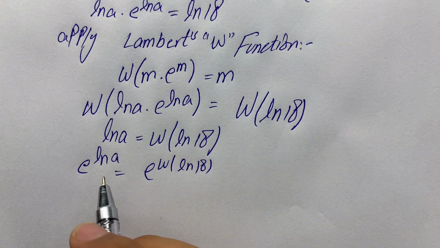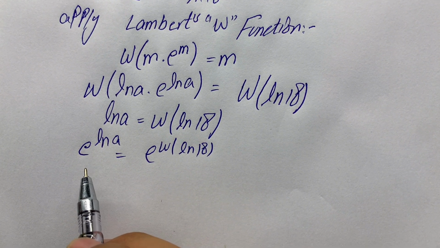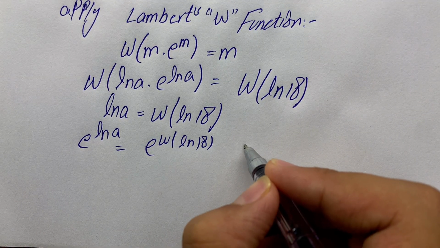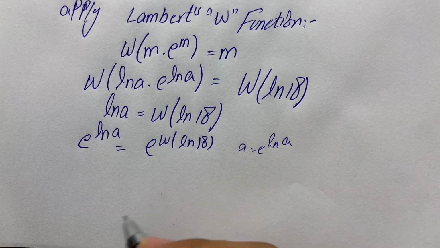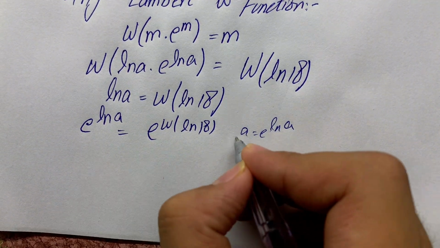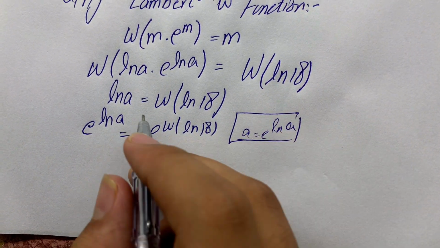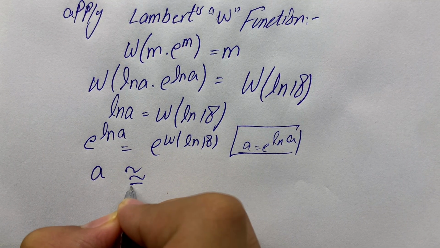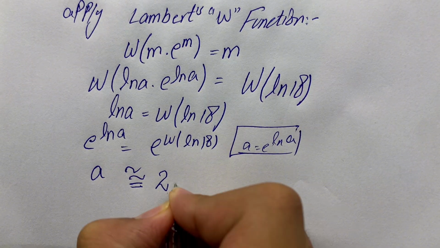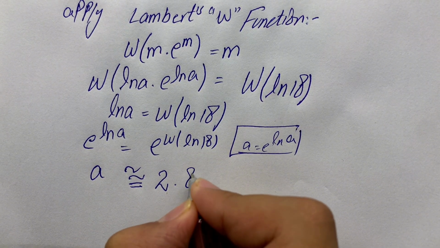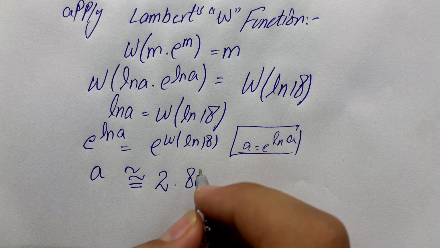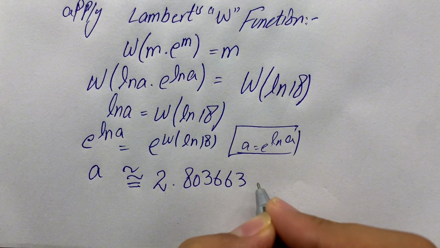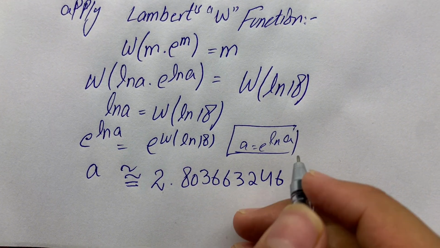Now this will be a is equal to e to the power ln a, and recalling this formula, we get a is approximately equal to 2.8036632446.